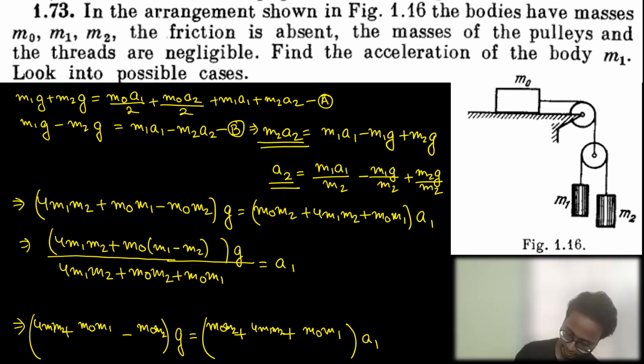Okay, this equation was only out here, no? So I'm taking m naught common. So m naught into m1 minus m2. Similarly out here, I'm taking m naught common in these two terms. So m naught into m2 plus m1. So m naught into m1 plus m2. This is the answer given in your book.